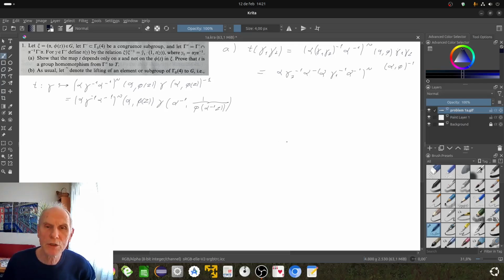Now what we need to show is that it's equal to t of gamma 1, t of gamma 2.